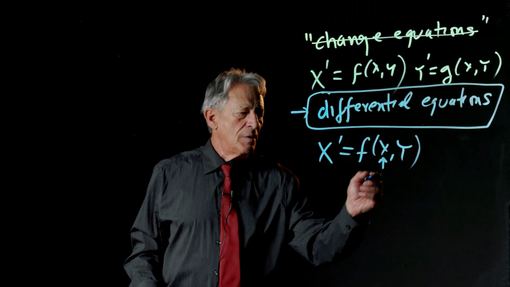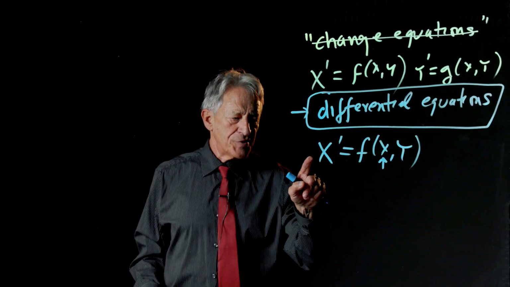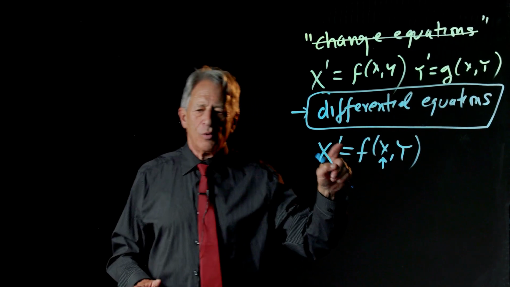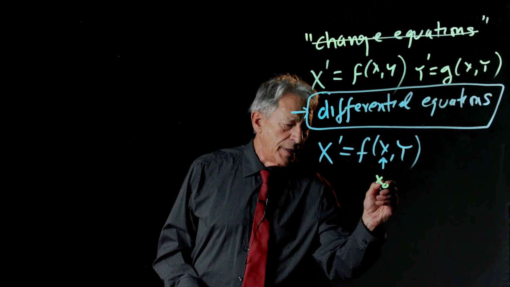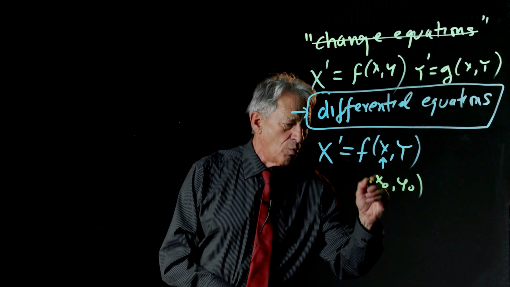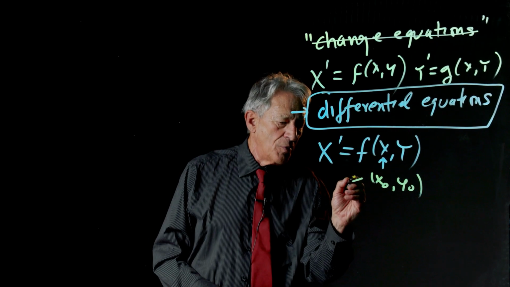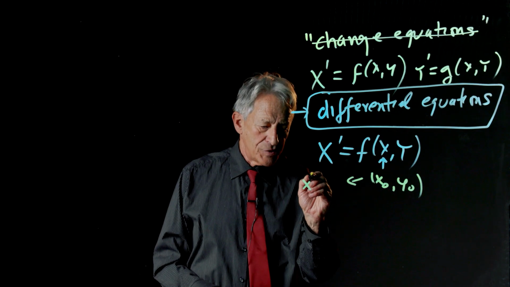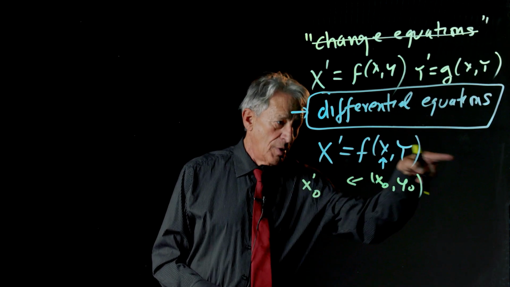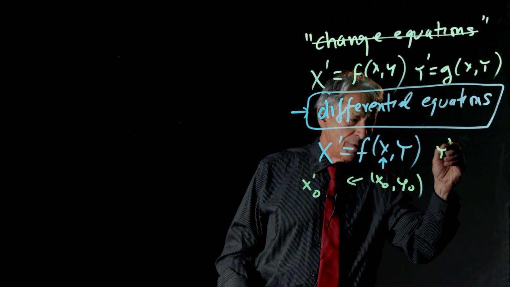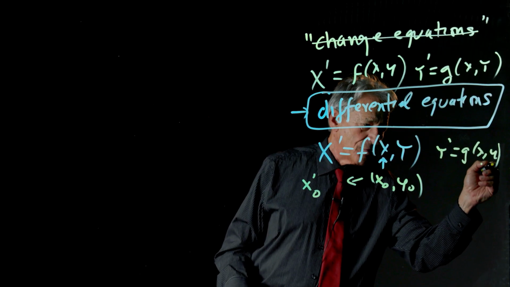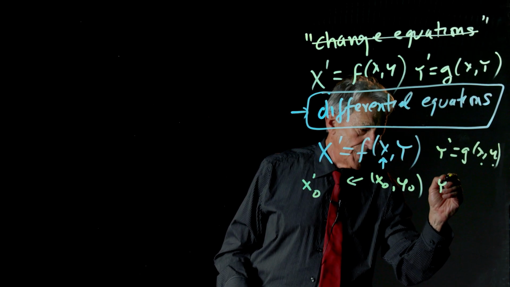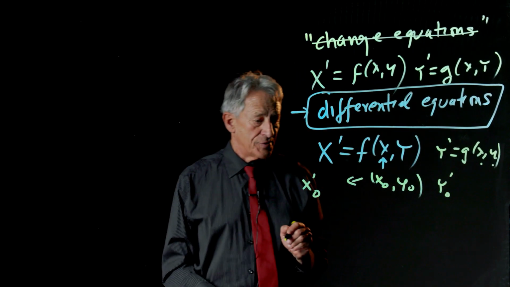The only purpose of this expression, x prime equals f of x, y, is that if you plug in an x0 and a y0, this is going to give you x prime at that point, and the y prime equation is g of x, y. When you plug in x0 and y0, it's going to give you y prime at that point.